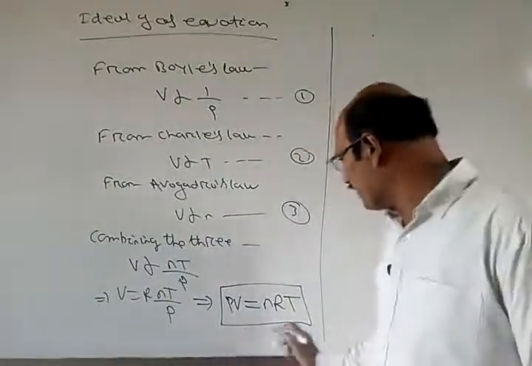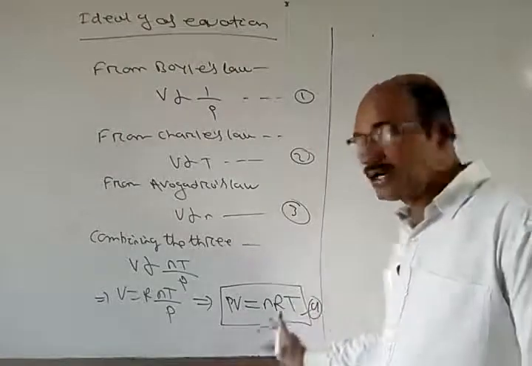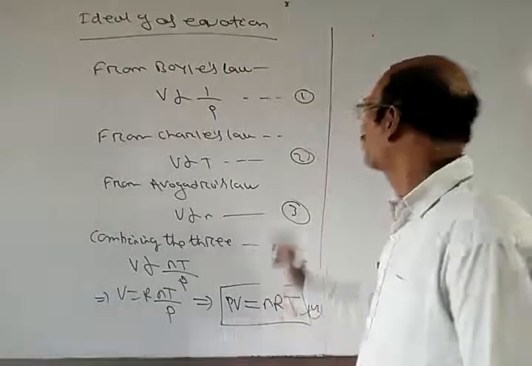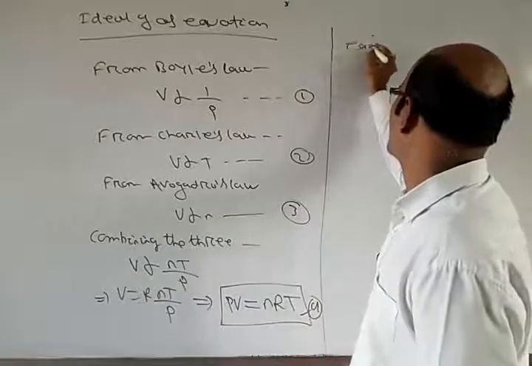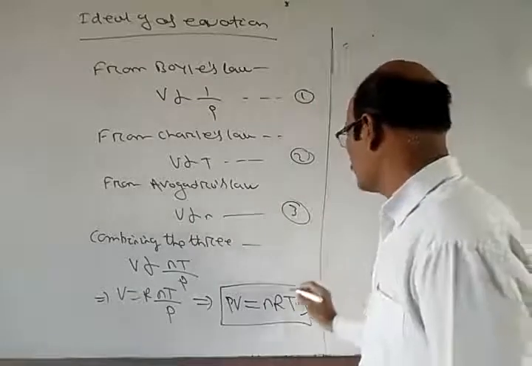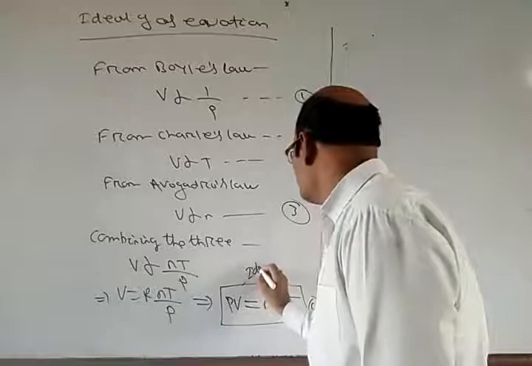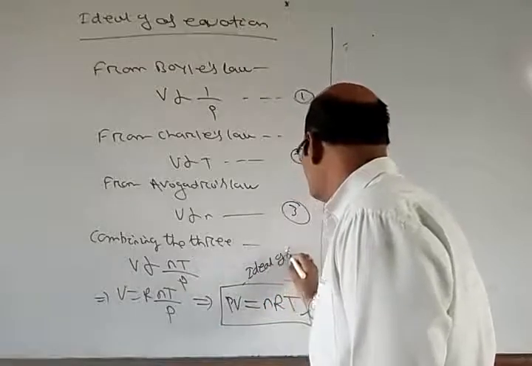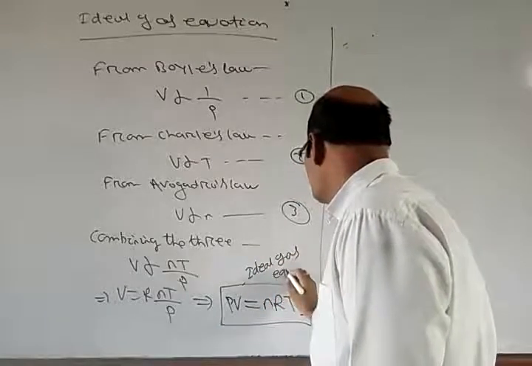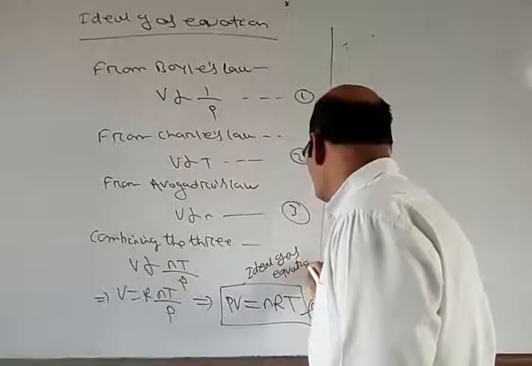This PV equal to nRT is called the ideal gas equation. Equation 4 is called the ideal gas equation.